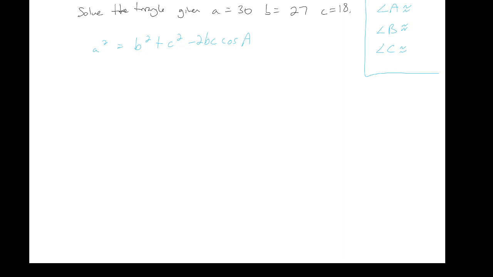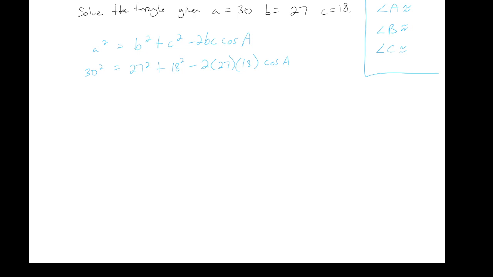a squared, so we're going to say 30 squared is equal to 27 squared plus 18 squared minus 2 times 27 times 18 times the cosine of angle A, okay? It's going to be a lot of calculator work here.